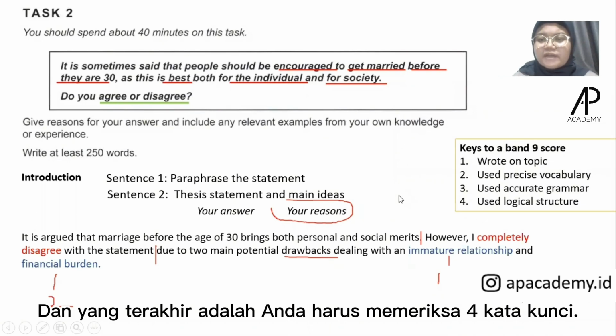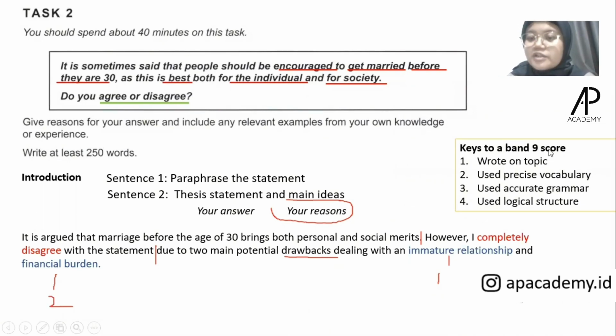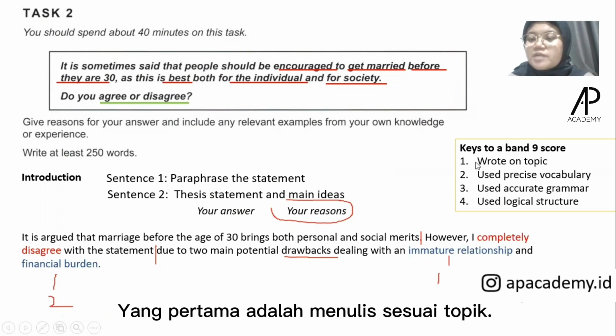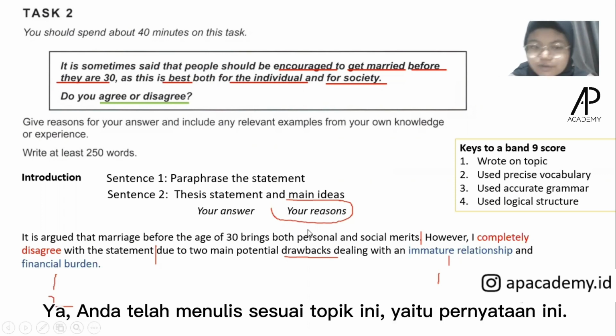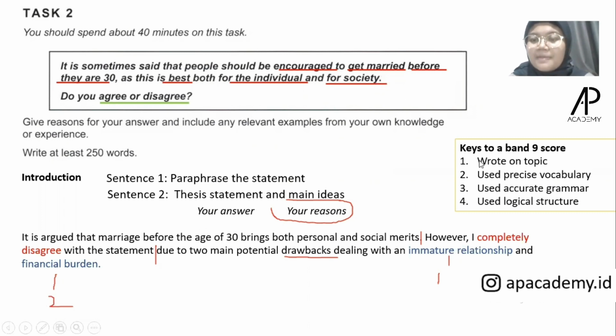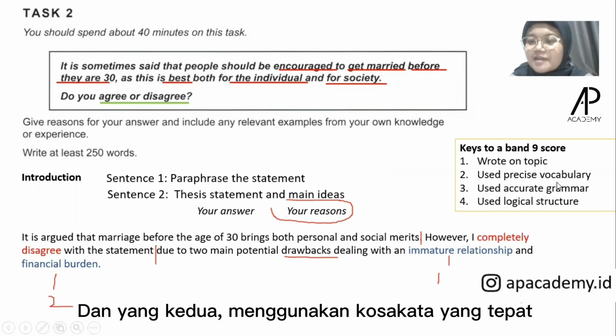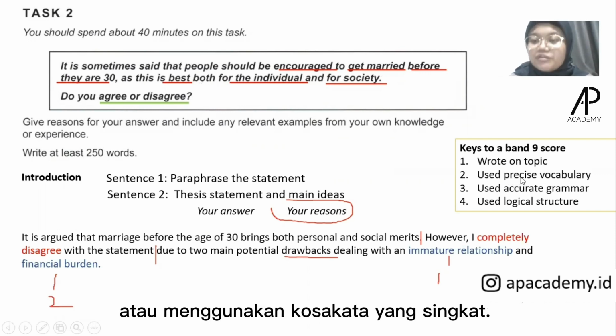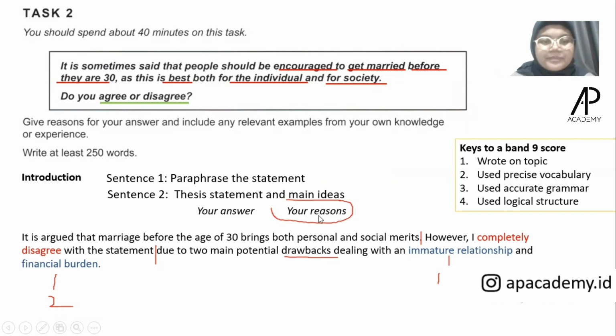And the last one is you have to check the keys to a band 9 score. Let's check together. The first one is write on topic. Yes, you have written this on topic, which is this statement. And then number 2, use precise vocabulary. What's the fact?